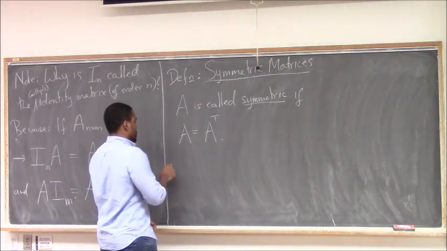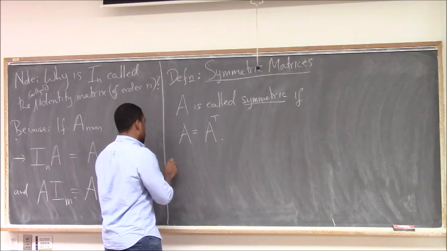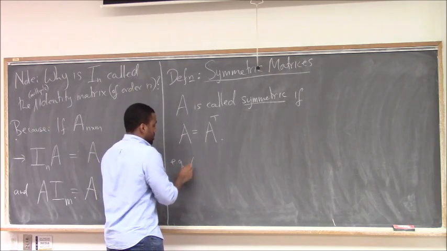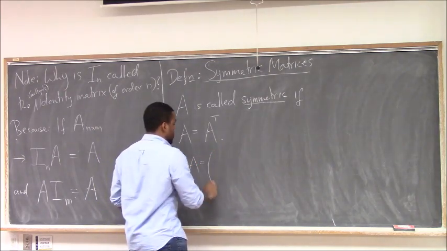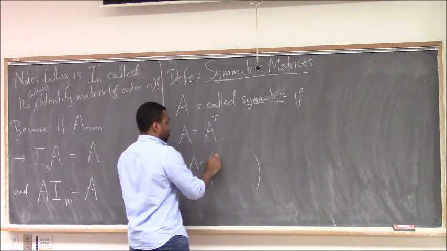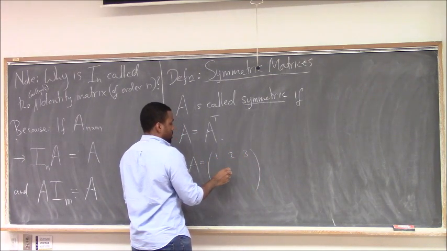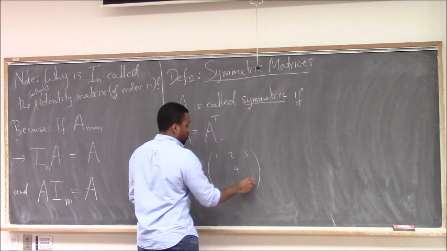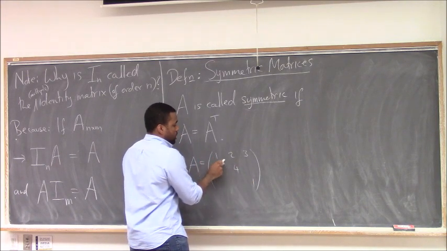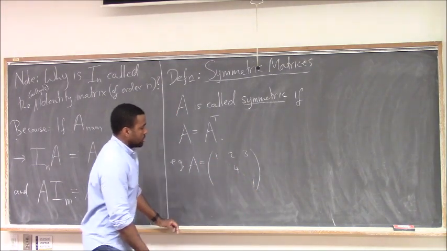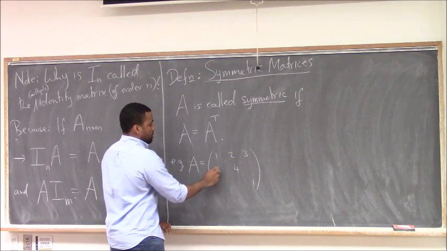For example, let's say my A is equal to 1, 2, 3, 4, 1. The idea is if you take the main diagonal, everyone across is the mirror image.